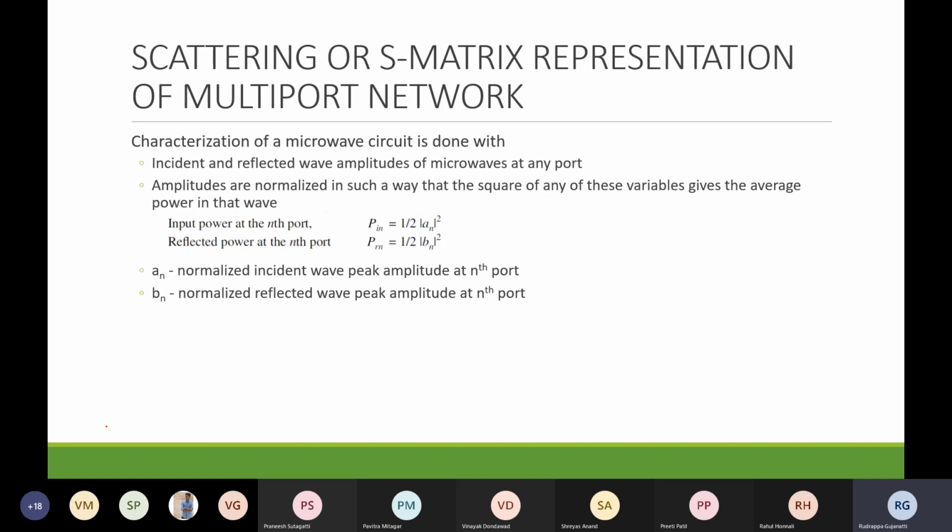In this session, we'll start a discussion with respect to the scattering or S-matrix representation for the multiport network.